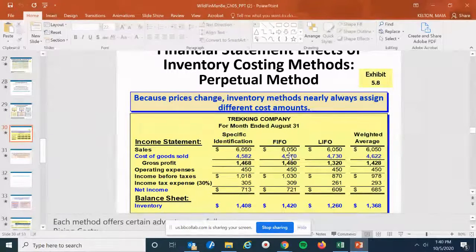If FIFO gives us the lowest cost of goods sold, that would result in the highest profit. LIFO will have the lowest profit, and then the weighted average will be right in the middle. So again, this only works when the prices change and the prices are going up.